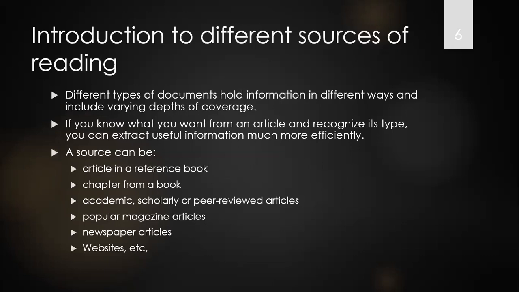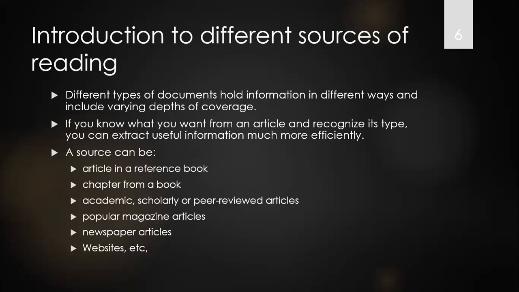So, introduction to different sources of reading. There are different sources. You can read books, you can read articles, and so on. So, let's see what the different sources of reading are. Different types of documents hold information in different ways and include varying depths of coverage. So, if you know what you want from an article and recognize its type, you can extract useful information much more efficiently.